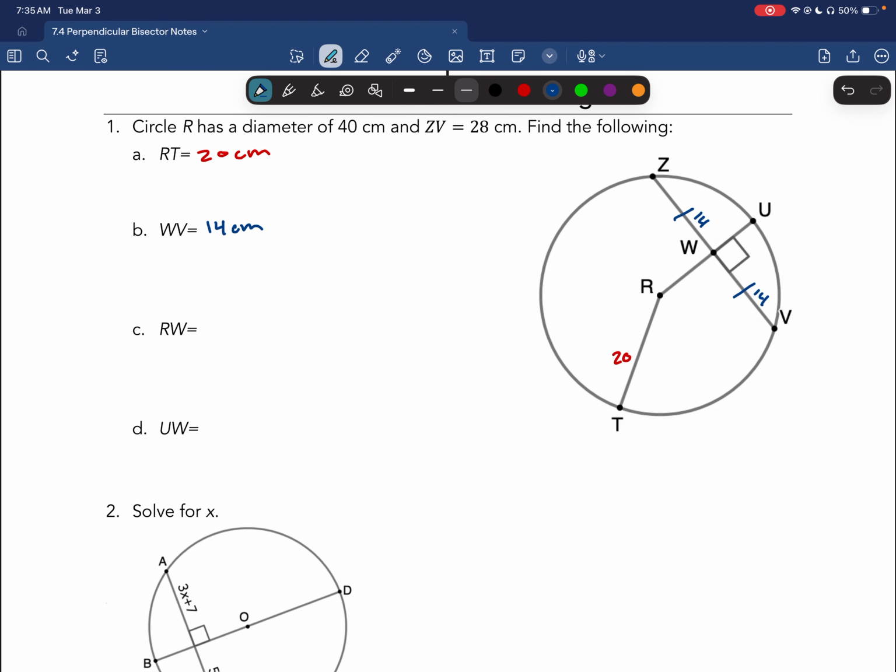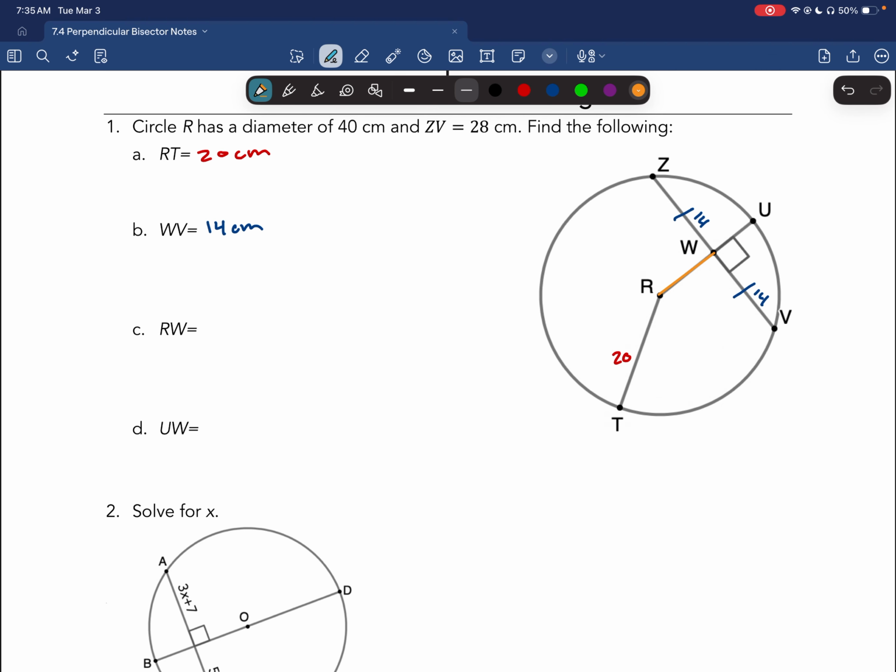Now it wants us to find the distance of RW. So it wants this distance right here, okay? I don't know what this distance is, and I don't know, for example, that this is exactly cut in half, so I can't just use that fact. This is the only line that gets cut in half.